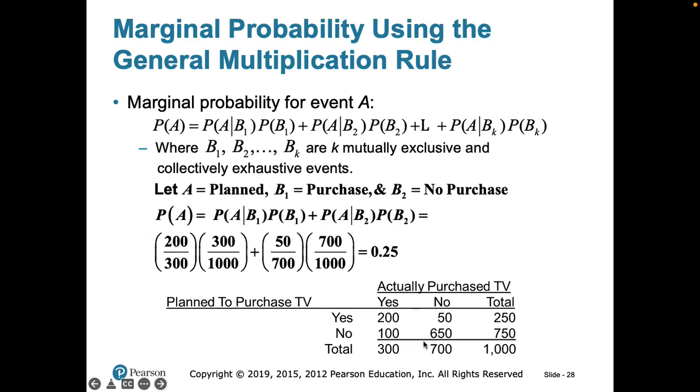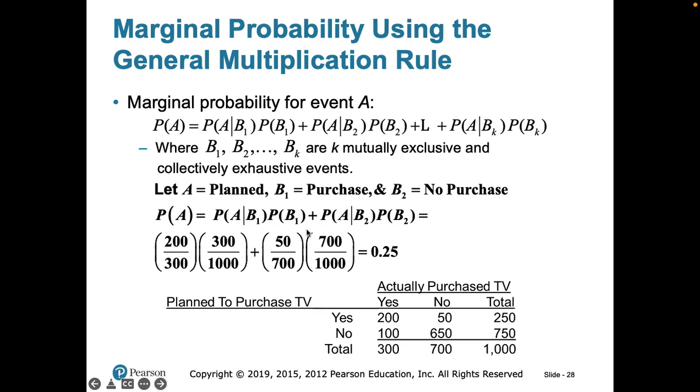Then you multiply that times 300 divided by 1,000. That's the probability of B1, the probability of those who purchase the TV, 300 divided by 1,000.